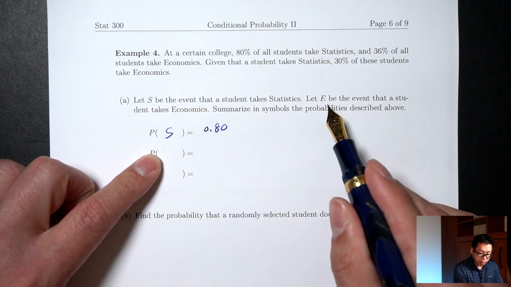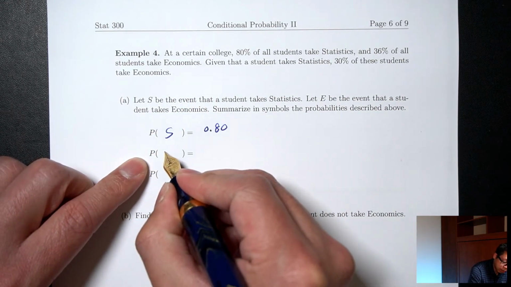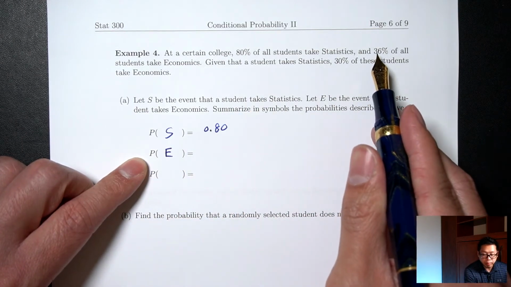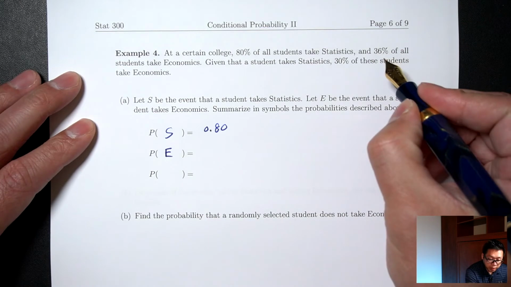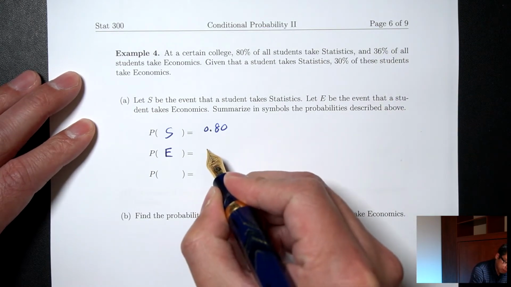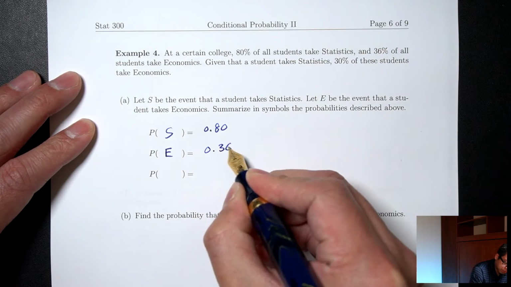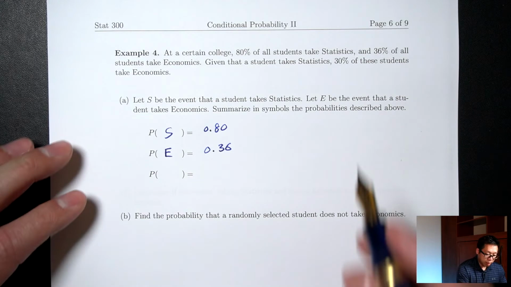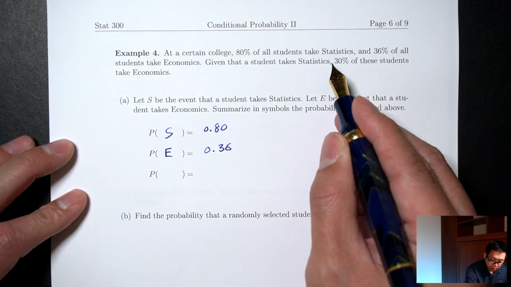Okay, E stands for economics, so we're saying that the probability of getting someone who takes economics is 36%. Okay, as a decimal, move decimal 2 to the left, 0.36. And then we have a last probability, which is 30%. As a decimal, that's going to be 0.30.